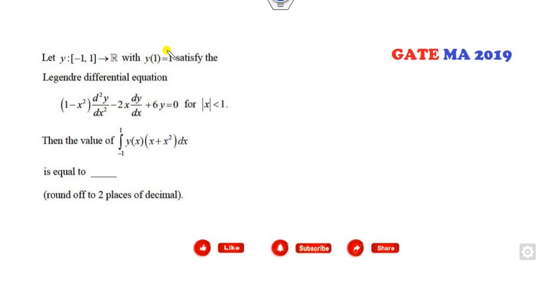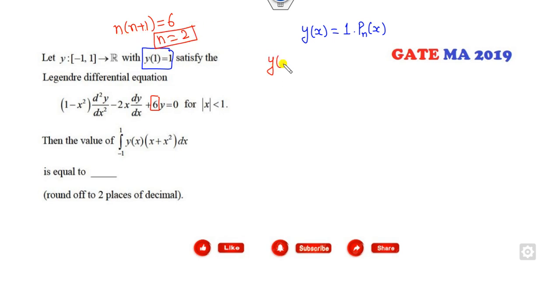Okay, this is again where the initial condition is given to you. So my solution of this will be 1 times Pn(x). So what is n? You can compare this: n(n+1) is 6. So what is n? 2 into 3, so n will be 2. So my solution of the problem will be 1 times P2(x).